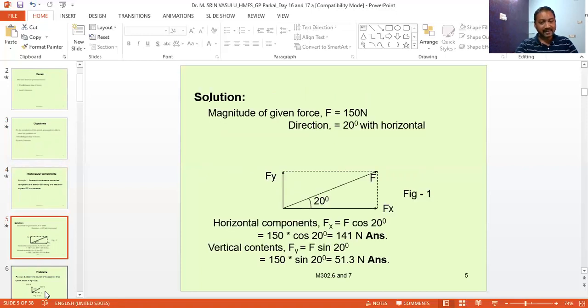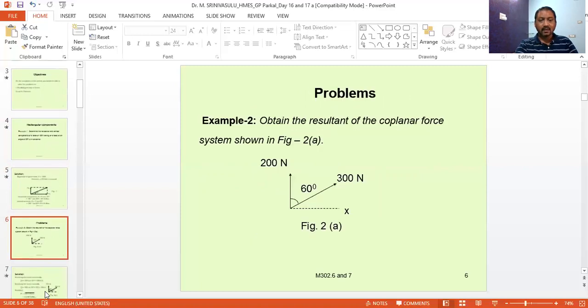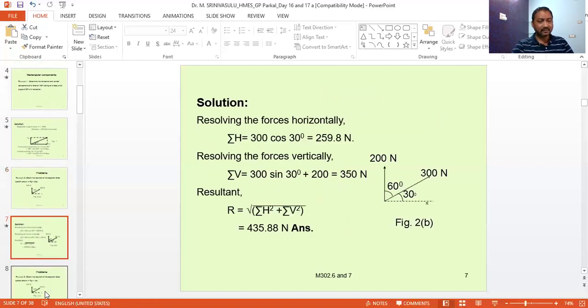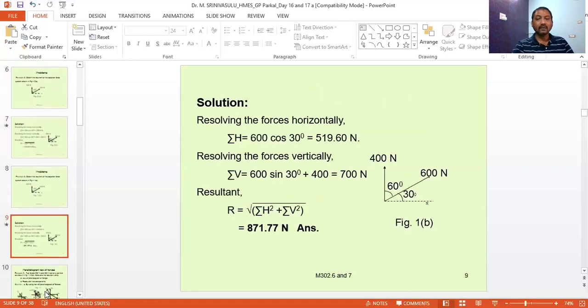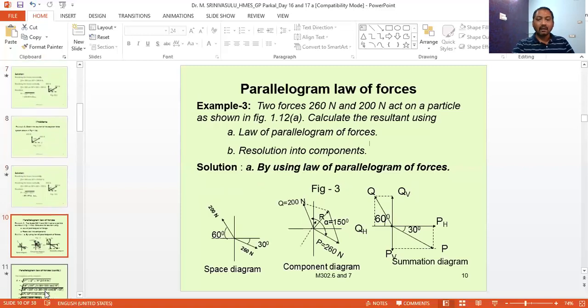So the force is given, we have found the horizontal and vertical components, and also we have found the resultant of a given force system by using the parallelogram law of forces and the method of resolution of forces.